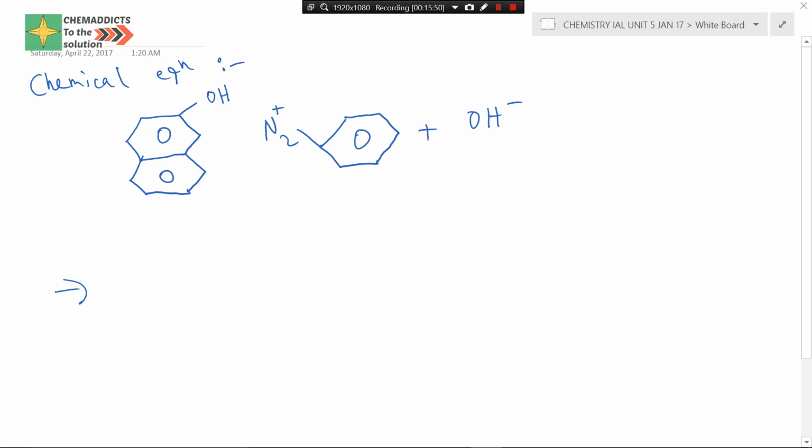Okay, let's just talk about this. So here the benzene diazonium ion would be like this. Let's first draw the benzene diazonium ion part in the azo compound. This is the benzene diazonium ion part over here, and this part we're going to have a naphthol part.